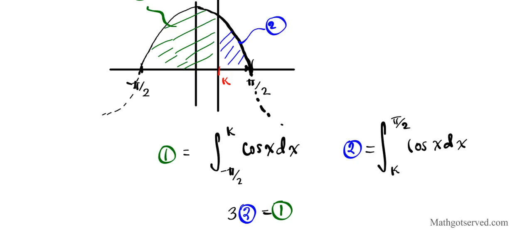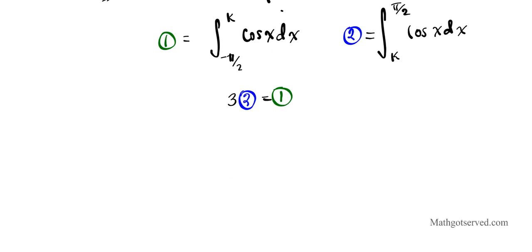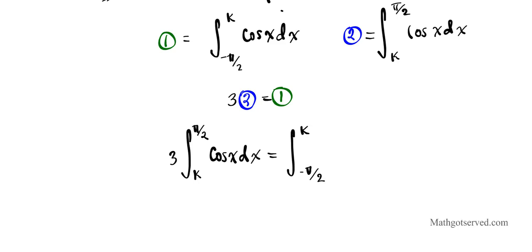Okay, so let's see if we can set up an equation using this information and solve for k. We're going to have 3 times region 2, which is 3 times the integral from k to pi over 2 of cosine x dx, equals the integral from negative pi over 2 to k of cosine x dx.